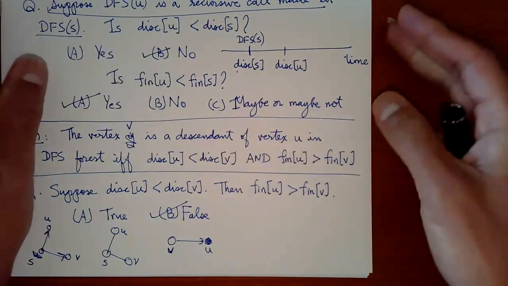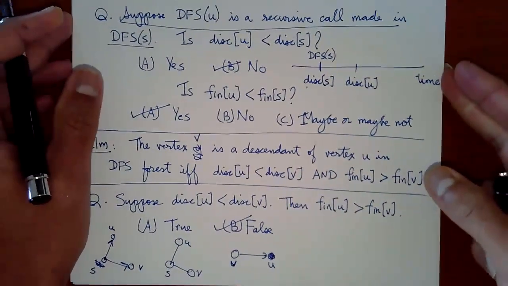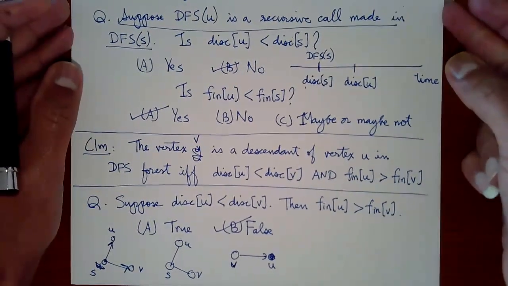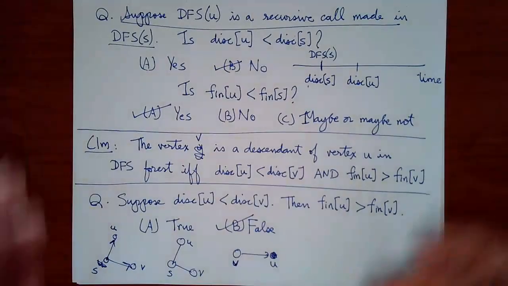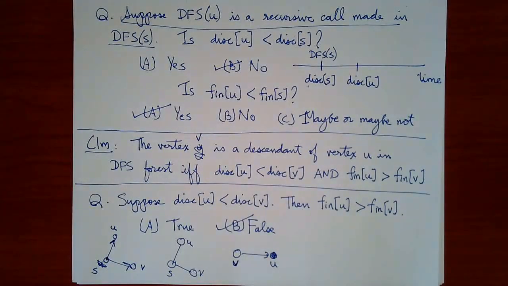So please ask me questions if this is not, because this is really key to understanding the power of DFS. So is this clear? A is yes, this is clear. B is no, it is not.